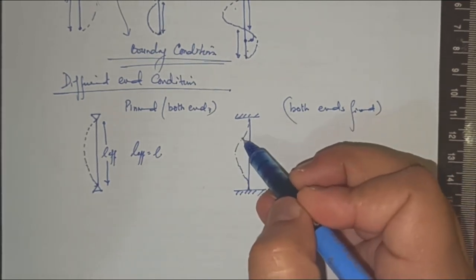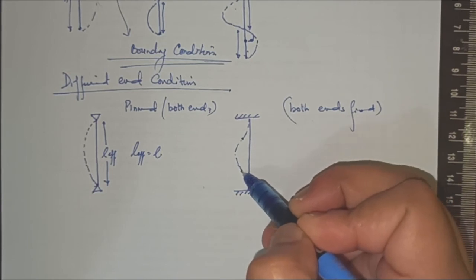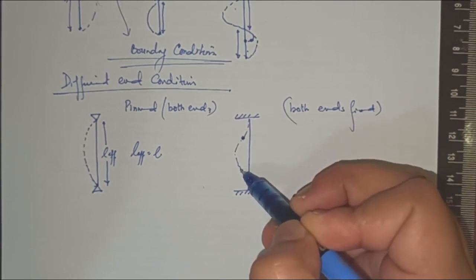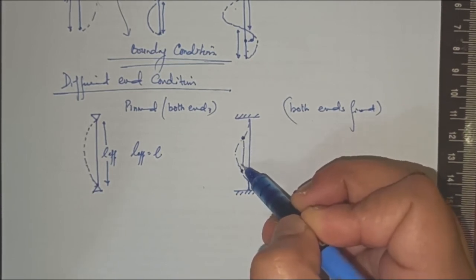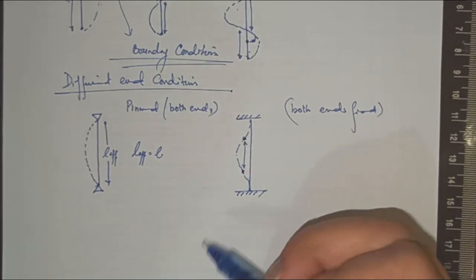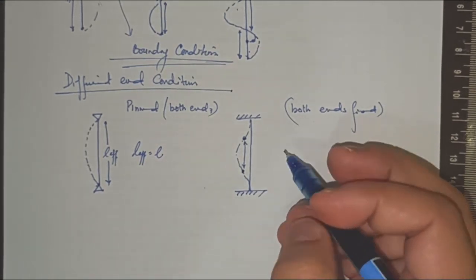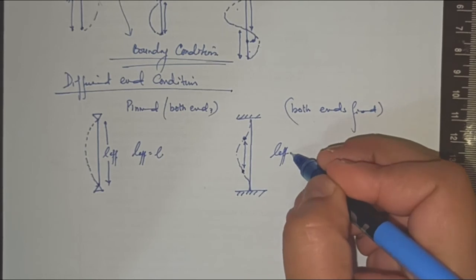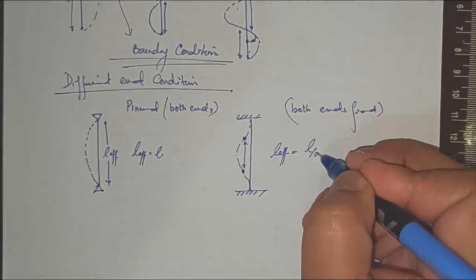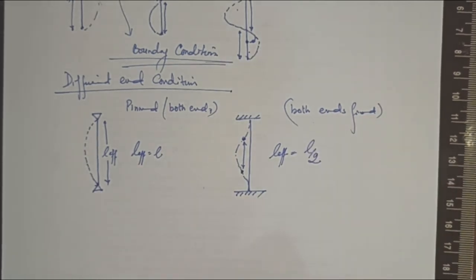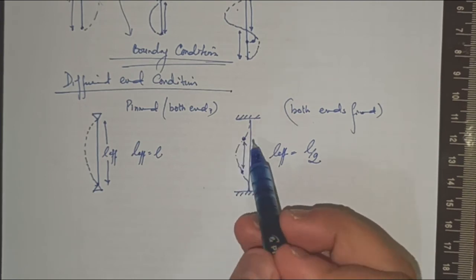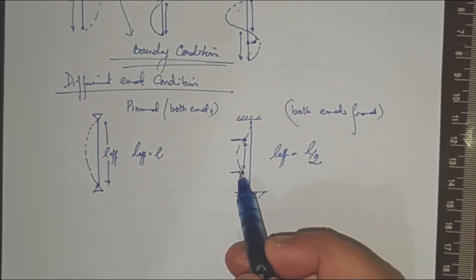The effective length of buckling, the length that actually buckles, is usually only half, and you can also derive this.